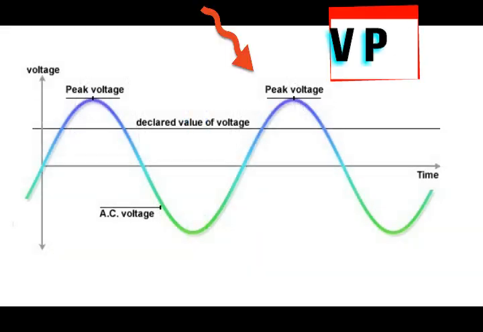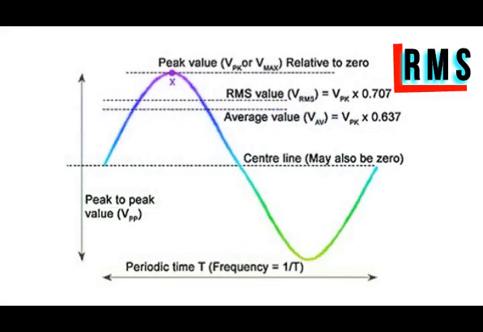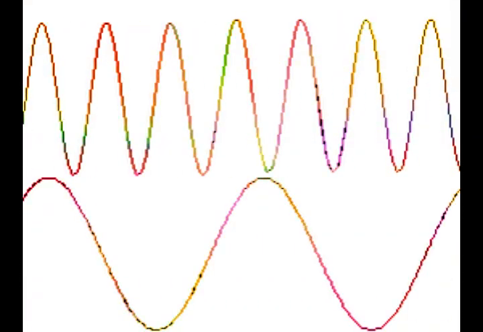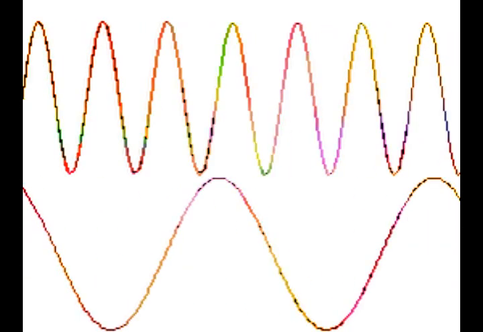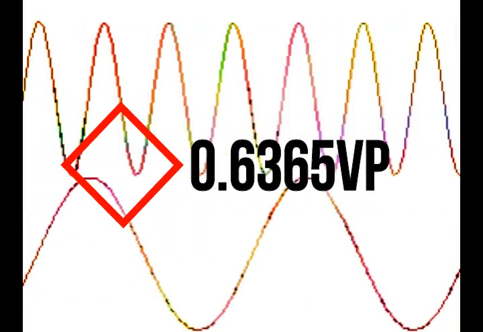Similar to these two parameters, there are two values related to rectification. One of these values is the average value and the other is the RMS value. The average value of a waveform is obtained by summing the instantaneous values of voltage or current in a half cycle and is equal to 0.6365 Vp.